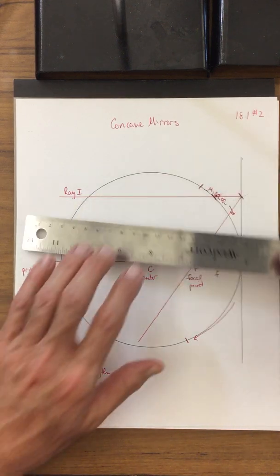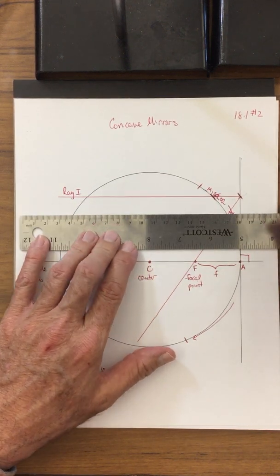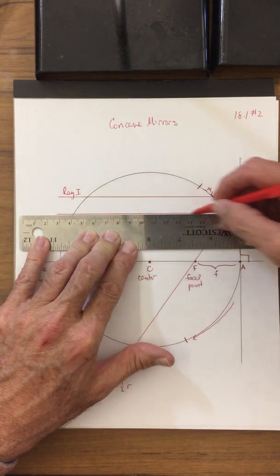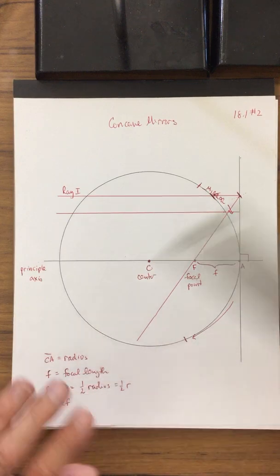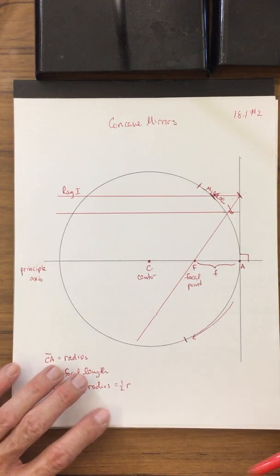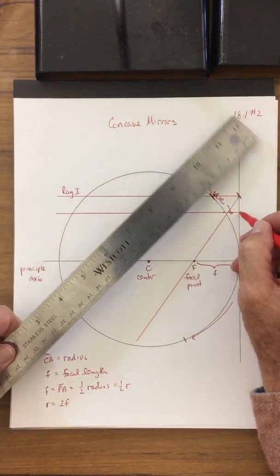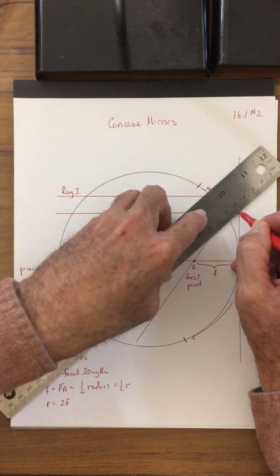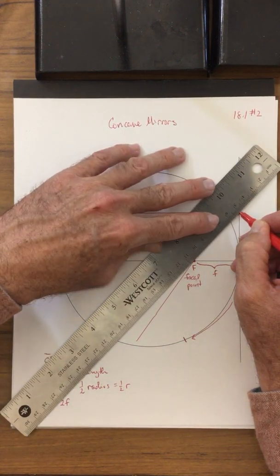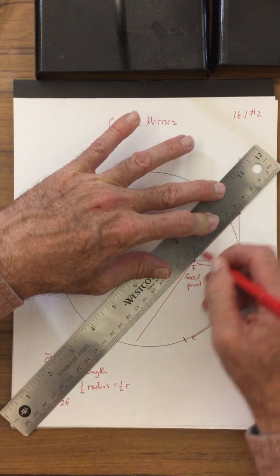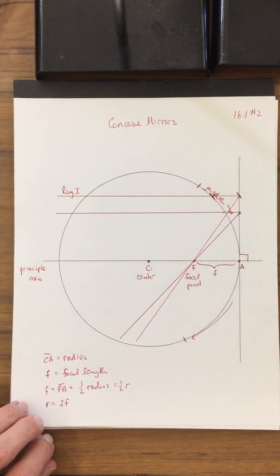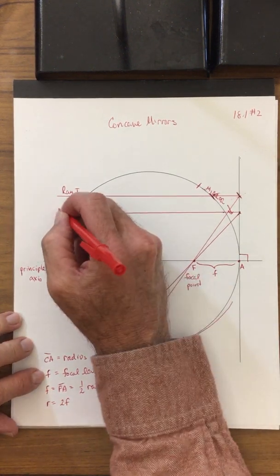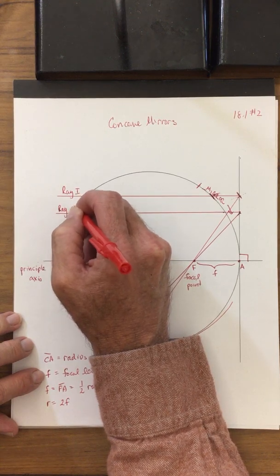Now we're going to take a look at ray number 2. You can also draw this parallel. Ray number 2 is going to come in. We're going to draw it through the mirror to hit that line behind the mirror, and it also is going to come through the focal point. Let's go ahead and label this ray number 2.